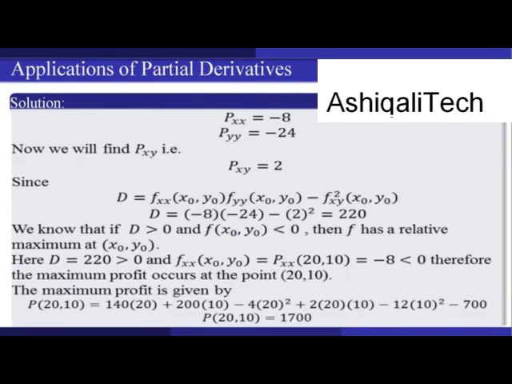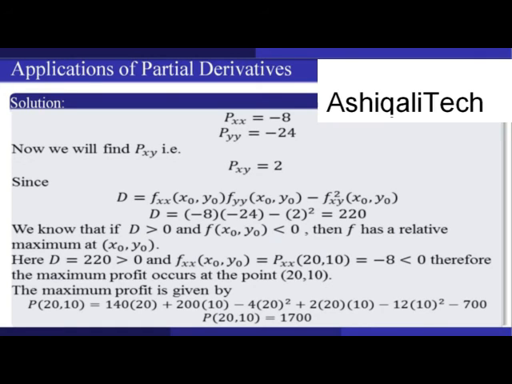Dear students, the second order partial derivative with respect to x is p_xx and it is given by minus 8. Similarly, the second order partial derivative with respect to y is p_yy and it is given by minus 24. Now we will also calculate p_xy and it is given by 2.